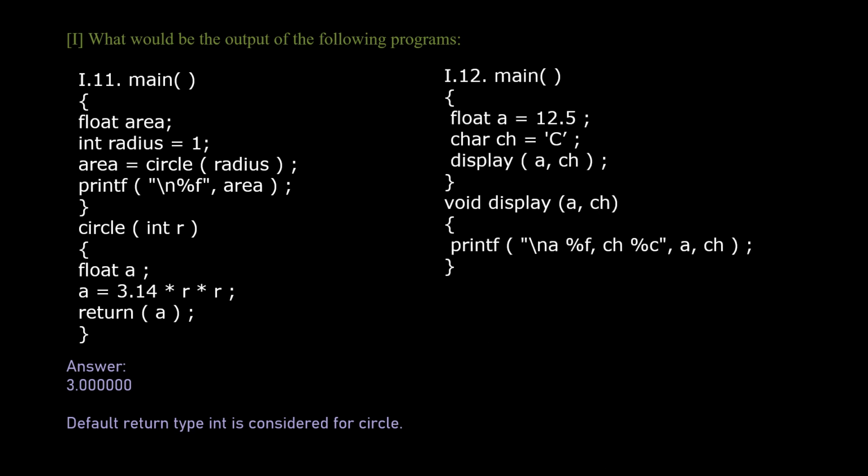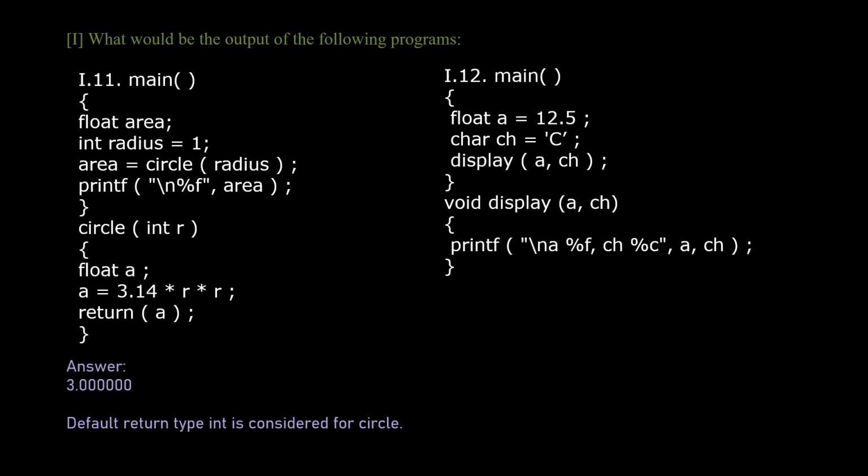Let's see the 12th question. Float A equal to 12.5, char ch equal to C, and to function display we are passing A and ch. Whereas in display we are not mentioning float or char, so by default it is int.